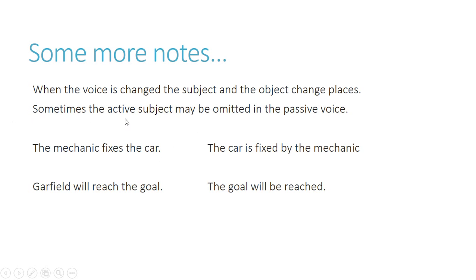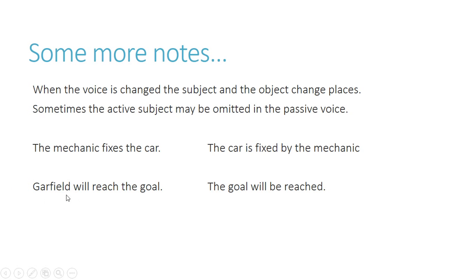Then sometimes the active subject may be omitted in the passive voice. When we change one sentence from active voice to passive voice, it could be possible just to omit the subject. The example we have here, Garfield will reach the goal. This is the subject.